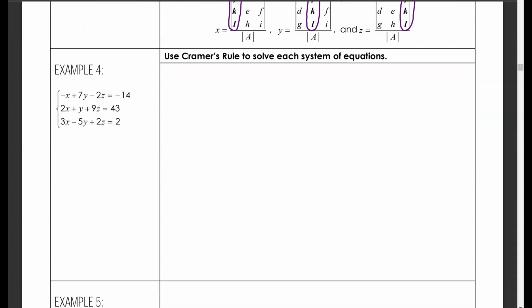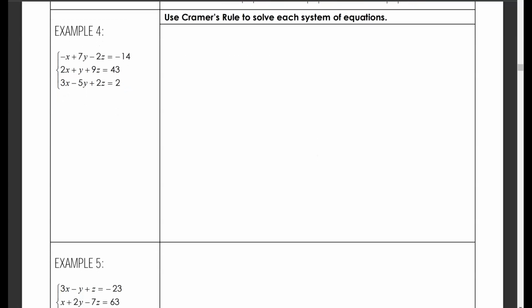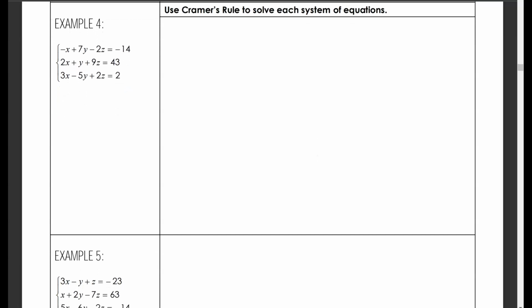So let's take a look at number 4 as an example. We're going to start off with that coefficient matrix: negative 1, 2, 3 for our x's, 7, 1, and negative 5 for the y's, negative 2, 9, and 2 for the z's.